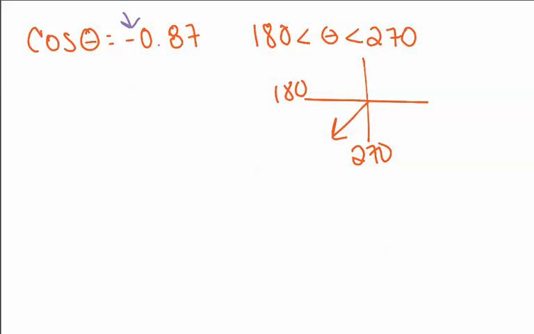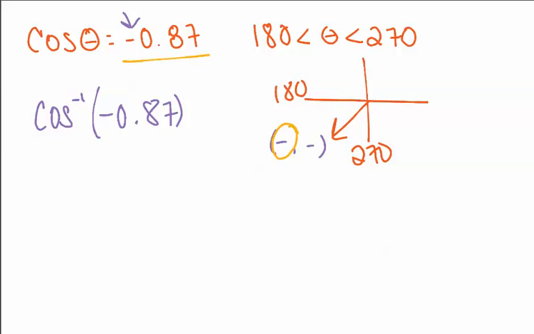Now notice that this is the first example we've had where we had a negative value. Well, all that means is, if you think about the ordered pairs from section 3, this is negative, negative. My cosine value is negative in the third quadrant, which is why this value has to be negative. So if we go ahead and type into our calculator inverse cosine of negative 0.87, we're going to get 150.5 degrees.